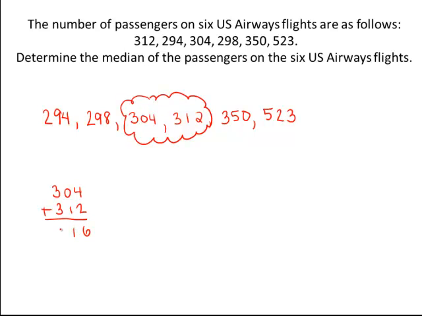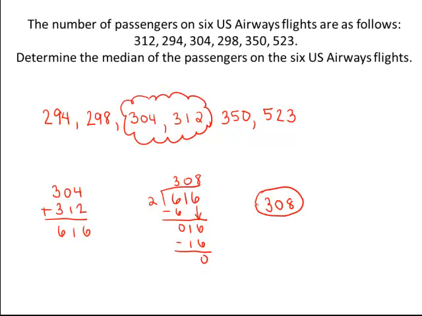The sum of these 2 numbers is 616. 616 divided by 2 is 308. So our median is 308.